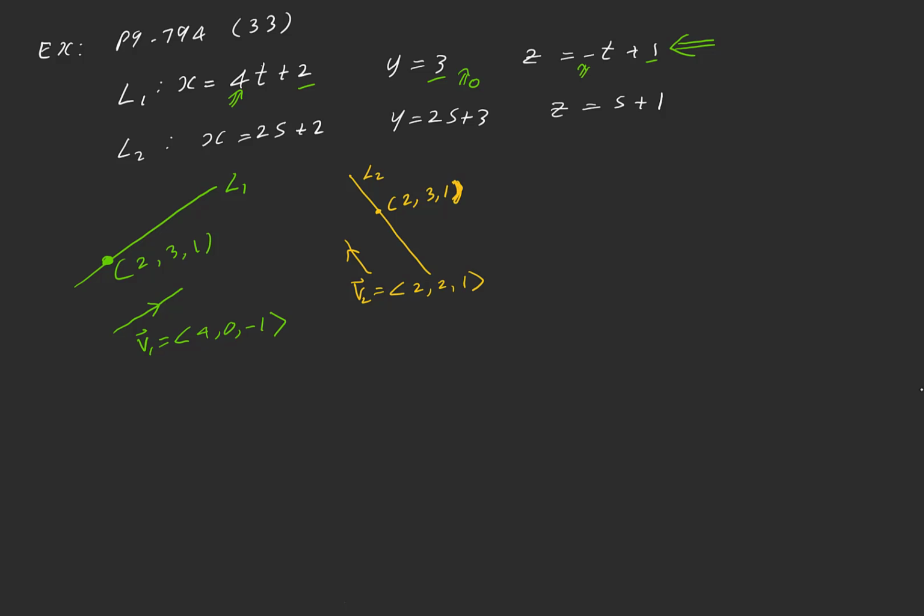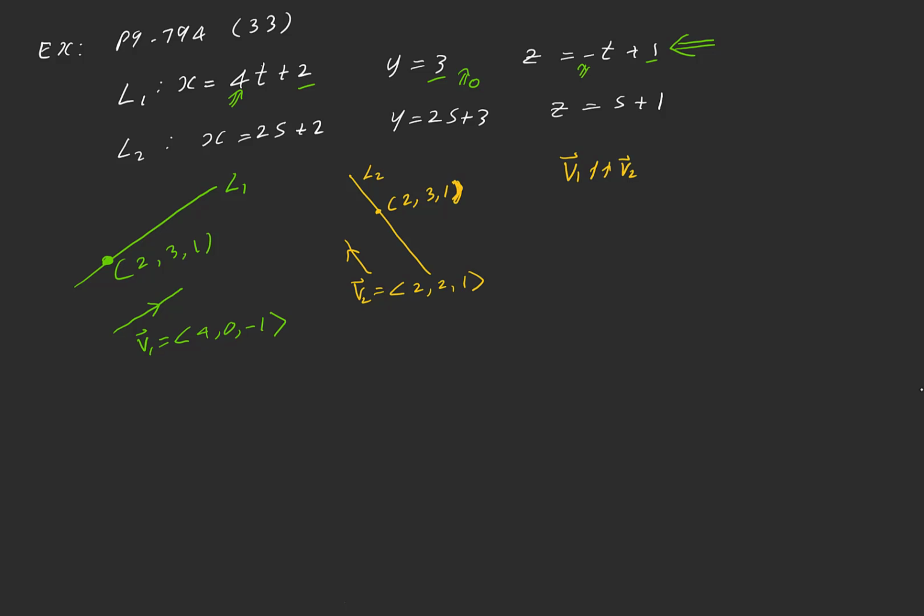Now if these two lines are parallel, L1 parallel to L2, then V1 must be parallel to V2. How do we check whether these two vectors are parallel? If they are, then we can say L1 and L2 are parallel, and we don't have to continue because these two lines don't meet. There is no intersect point.